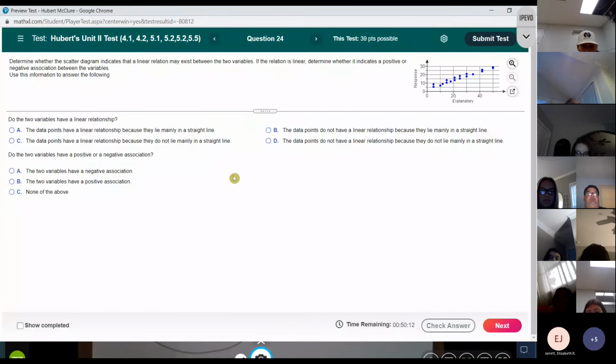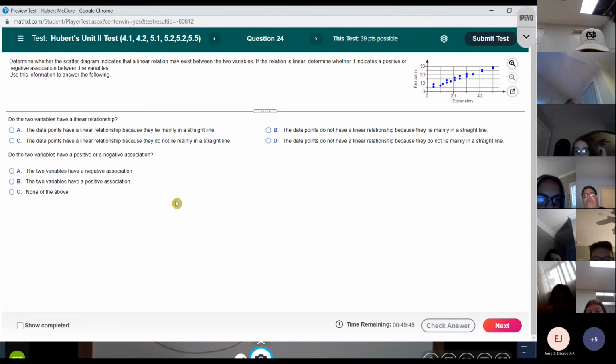All right, here's a good question. Somebody look at the scatter plot and tell me what's the best answer. Come on, somebody knows the answer. Kind of simple.